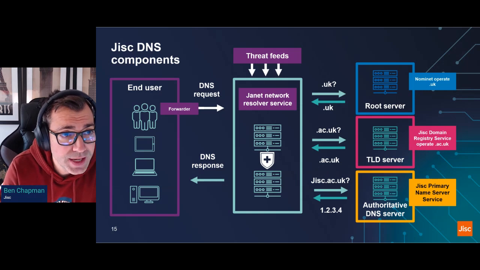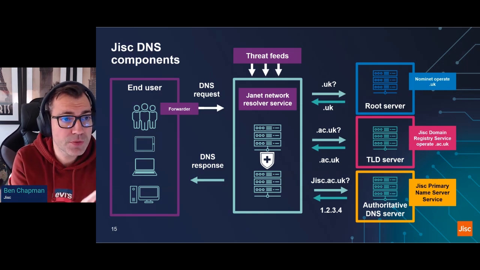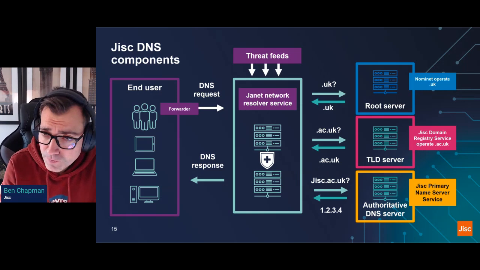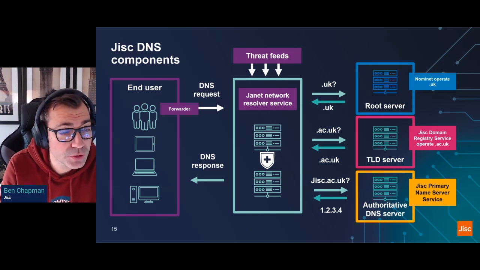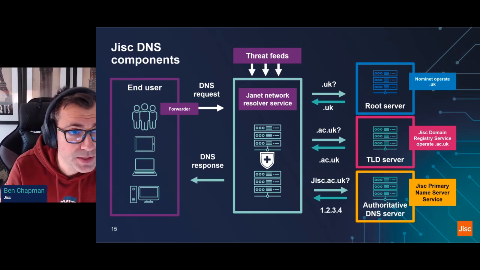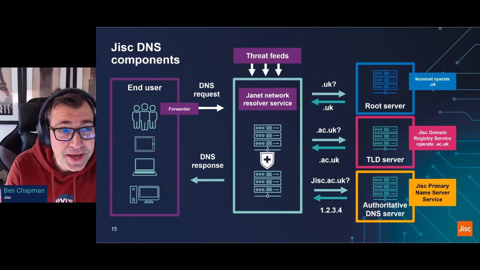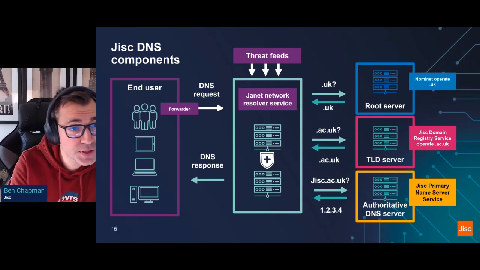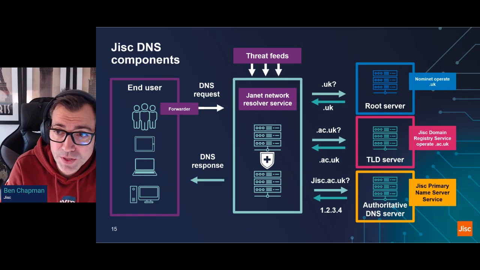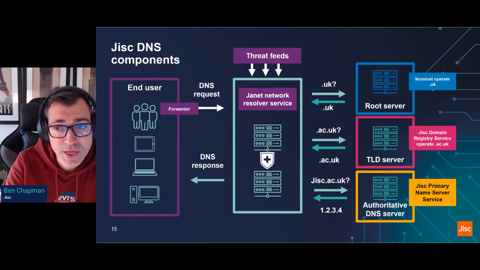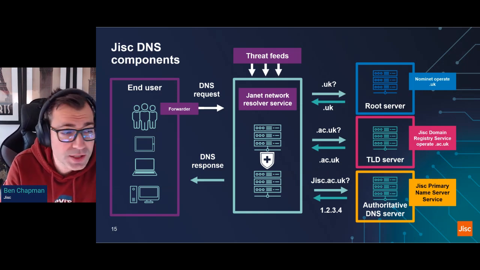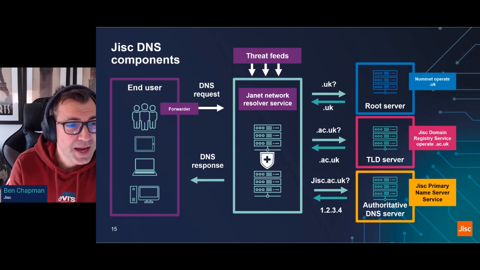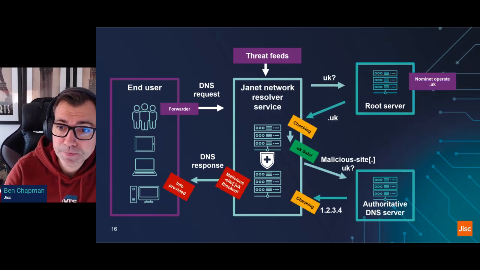And at each stage, as it recursively makes its way through the DNS tree, it goes to Nominet, who operate .uk, and we haven't blocked them yet. They're still safe to use. Then the request is allowed through. It goes to ac.uk, to the domain registry service, again safe to use, and then moves to Jisc, again, hopefully safe to use, and it allows that request through.